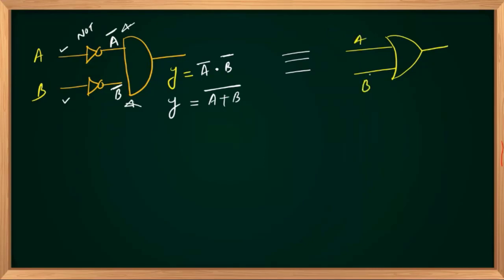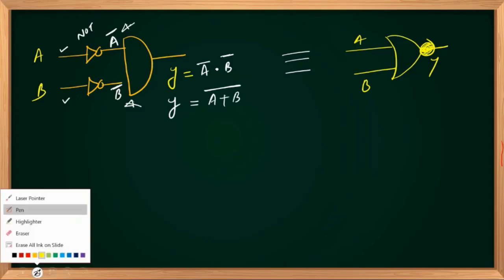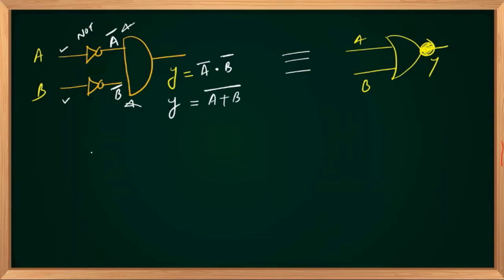So an AND gate with inputs complemented will act as a NOR gate. There should be a bubble. This connection of inverters, we will represent by a small circle, a small bubble.